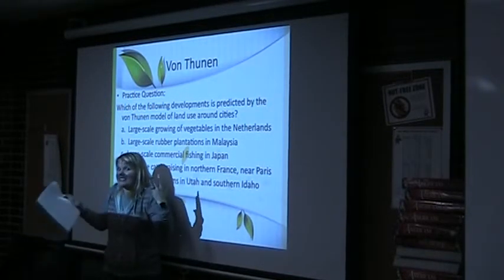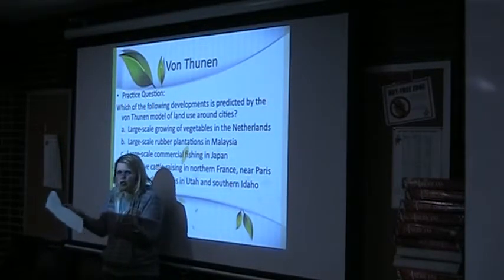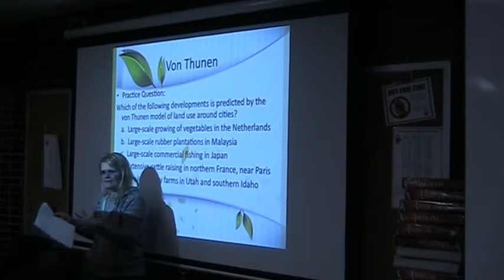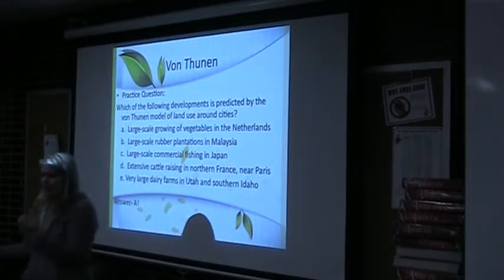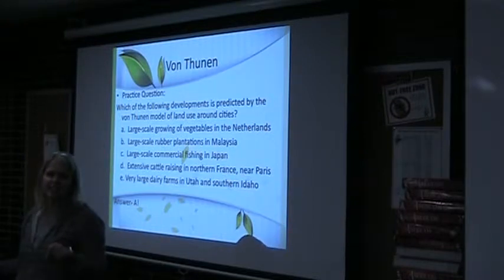Near Paris would be densely populated. Would von Thunen say you have cattle ranching in a densely populated place? Paris? No. So this is tough. It's really getting at, do you understand the concepts of the model, and do you know population density in different places in the world? So it's a good question, but I think it's a really hard one.